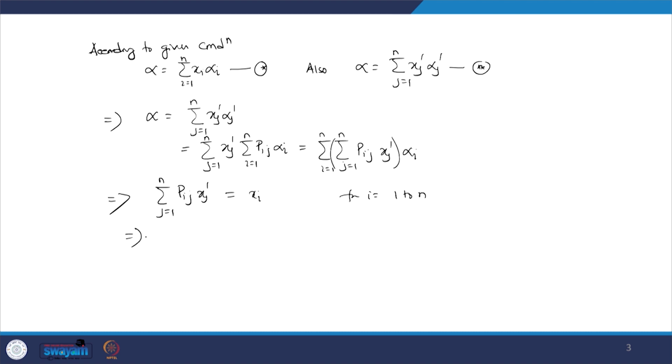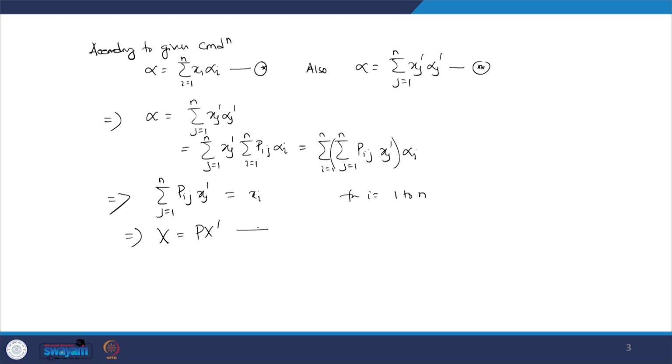This implies I can say capital X equal to P x prime, because this is true for i equal to 1 to n. So, x1 equals this, x2 is again similar. If you write like this, you will have capital X equal to P into x prime. So, this is the relation please.